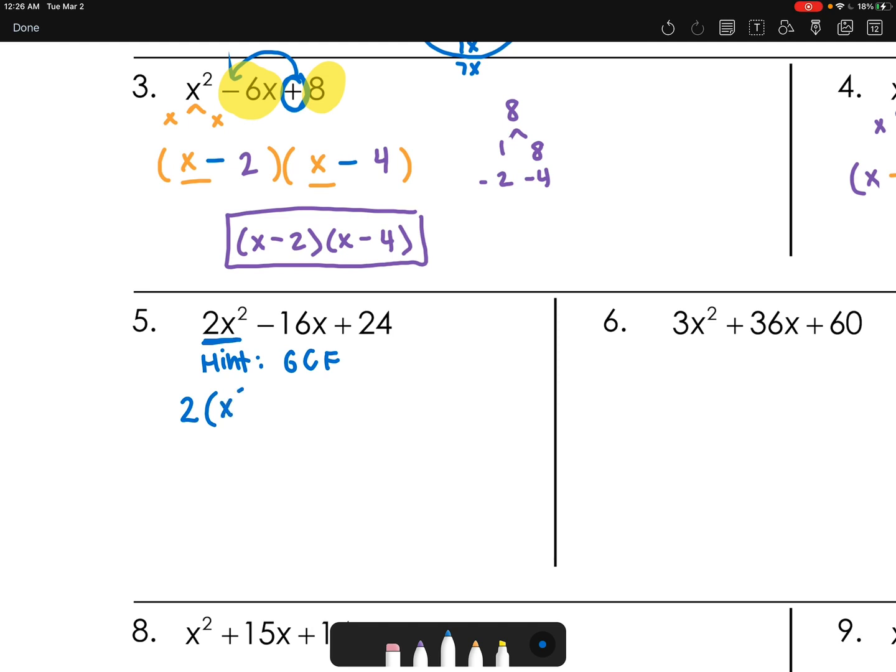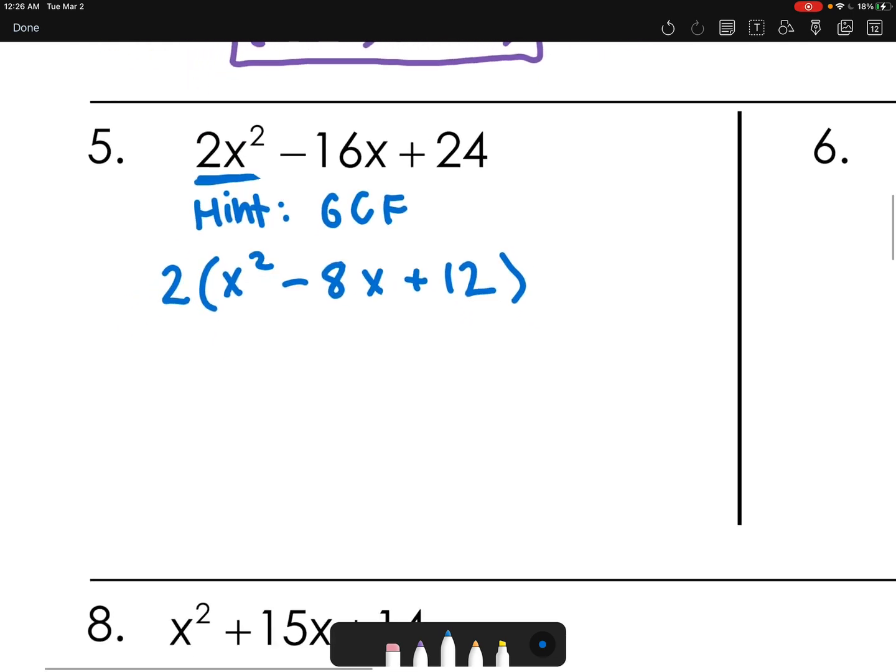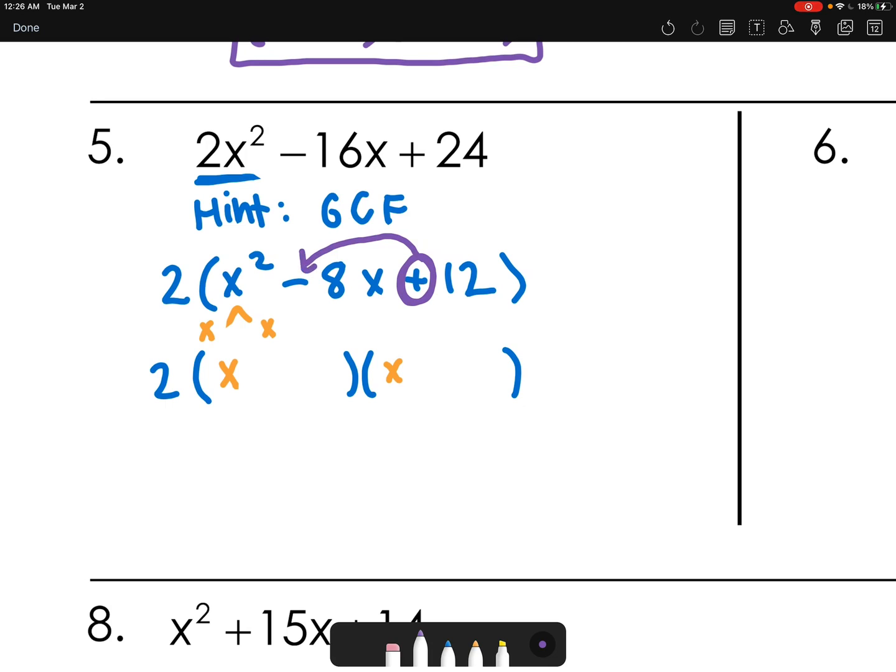And so when I take out that GCF, I'm left with x squared minus 8x plus 12. Now I can work with this problem just like I have all of the other ones. So I have my 2 out front, and I'm going to set up my puzzle. So in the first spot goes the factors of my first term, x and x. And now I need to decide, my last sign is positive, and it's going to match the middle sign, so they're both going to be negative, subtraction signs.